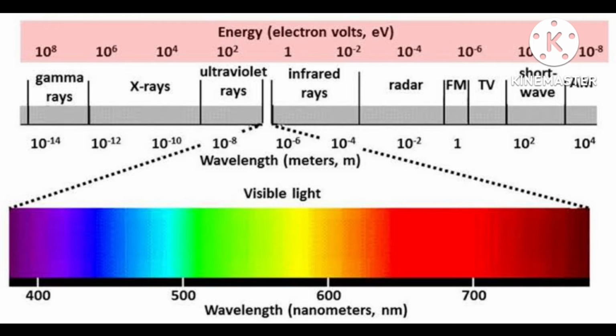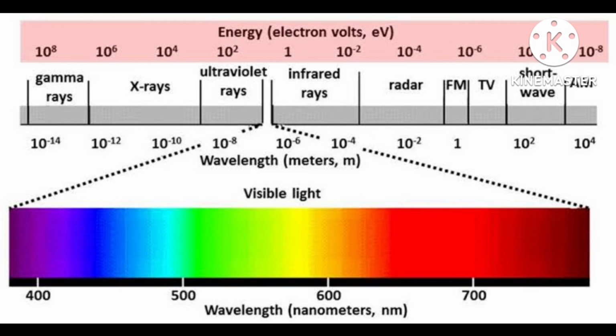Next, the fourth property. Different kinds of units are used to represent electromagnetic radiation. These radiations are characterized by the properties, namely frequency and wavelength.